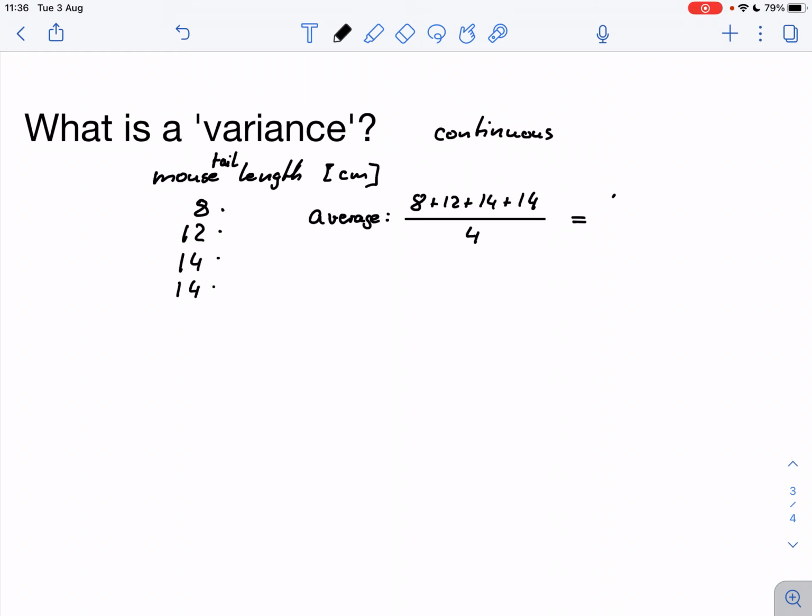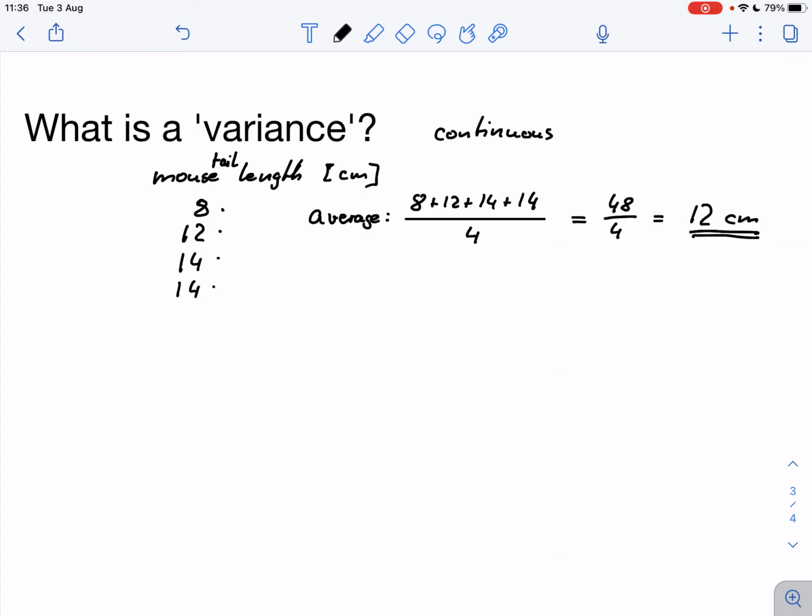So we've got 48 over 4, and I can even do that without a calculator. That would give an average of 12 centimeters. Here the average indicates the measure of central tendency, and we talked about that. This is on average the length of a mouse tail.